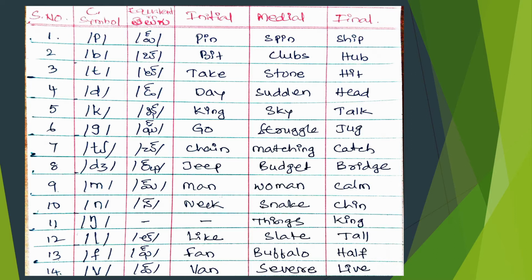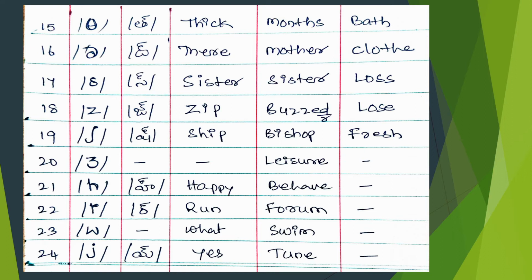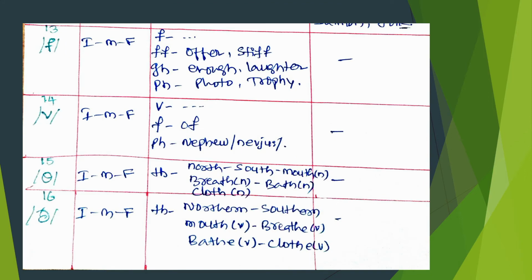Okay. Now, let us see its spelling. The sound f happens initially, medially, and finally, and it is described with the letter F as in fan, and it is also represented by double F. The letters are double, but the sound is single f.